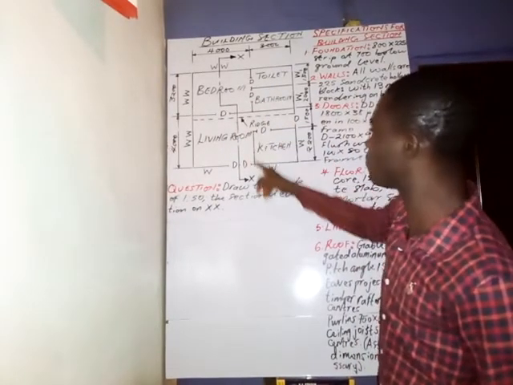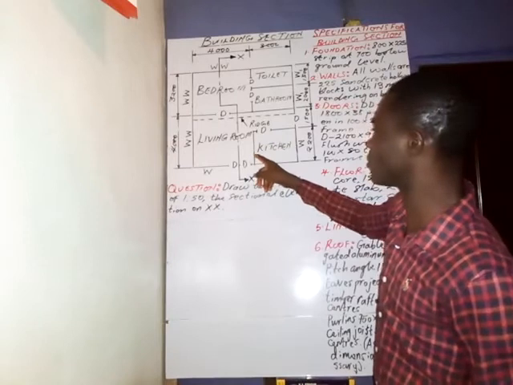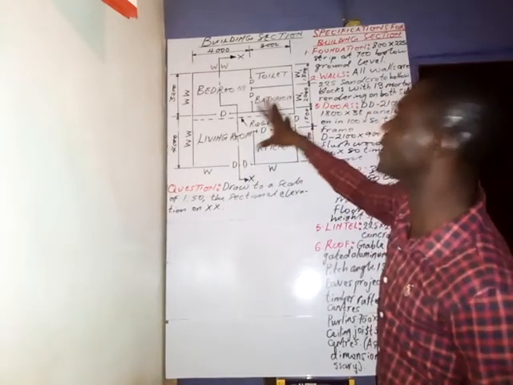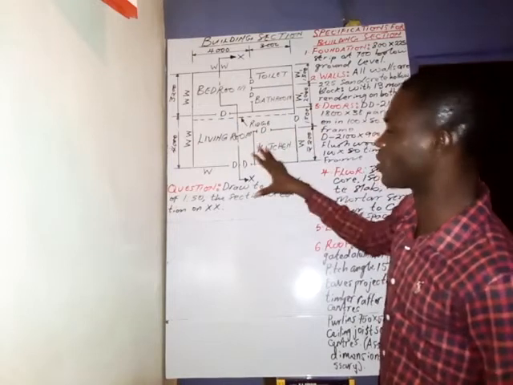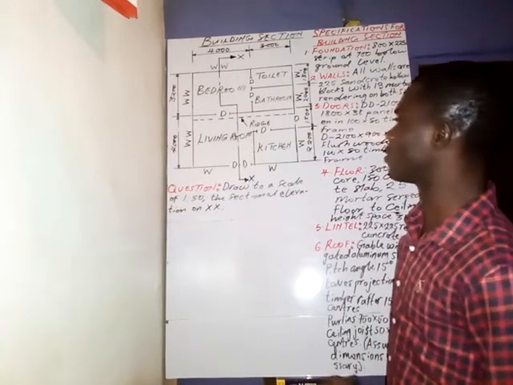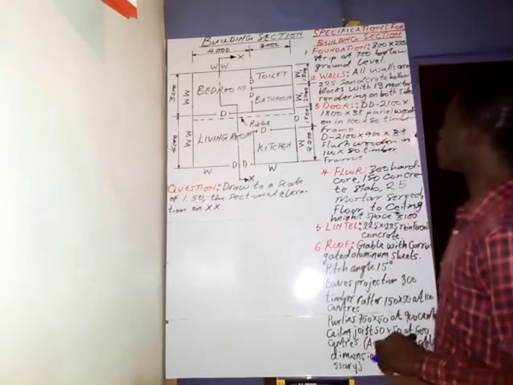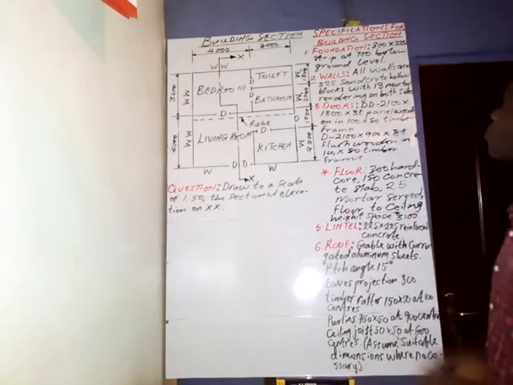Then this will be a wall. Those are the things that we need to put in the building section. Very, very important. Now, having explained this, let's look at the specifications for the building section.